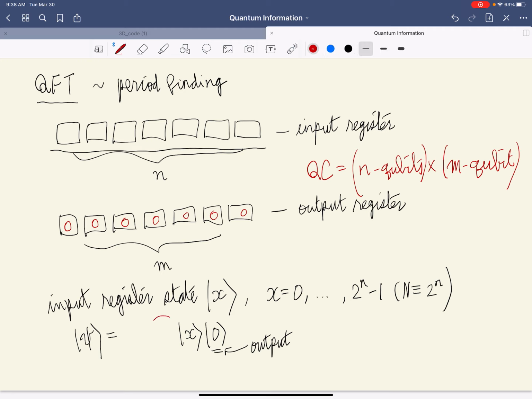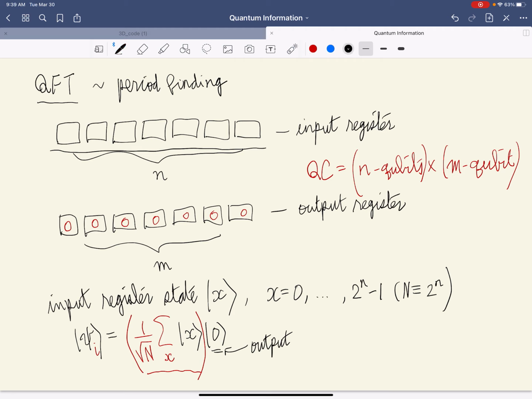Okay, and then by some clever manipulation, I will assume that the initial state is a superposition of all the possible states that can be realized by the input register. We have seen this sort of superposition with equal amplitude of all the possible states when we talked about the Hadamard gates. So the Hadamard gate operation is what makes this sort of state realizable in an actual setting.